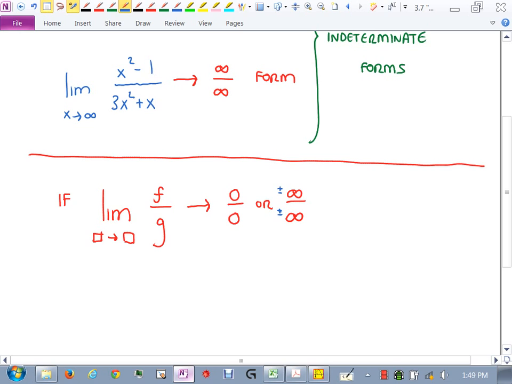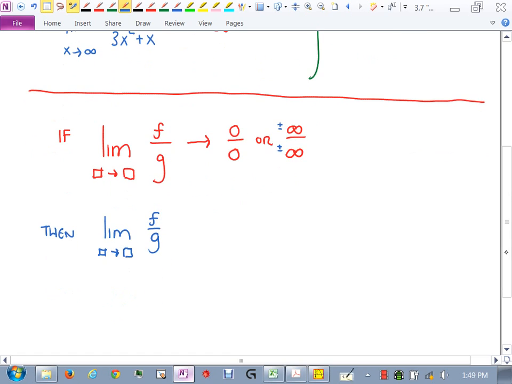So the rule says if you're getting one of those two forms, right? That's what it's saying. Then that limit that you're trying to find will be equal to the limit of this.